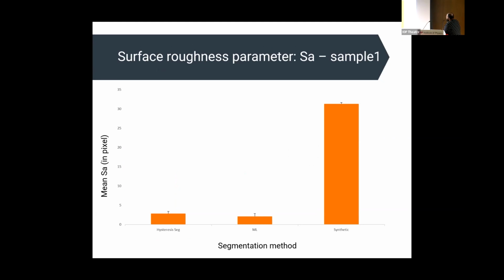And here that's some data. So from there, as explained, we can measure a few parameters. Here I have measured the SA, and you can see that basically that's the ground truth. We have an SA of about 31 pixels, but what we measure for machine learning and hysteresis is much less compared to the reality.